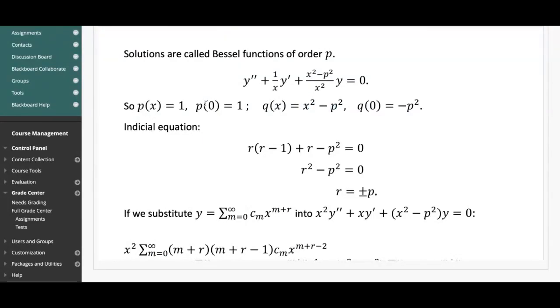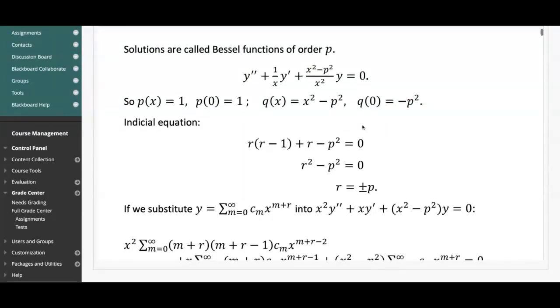The initial condition P of 0 is 1, because P is a constant function; P of any number is 1. And Q of 0 is just negative p squared.